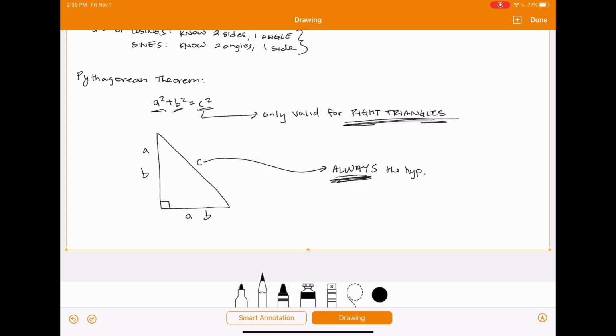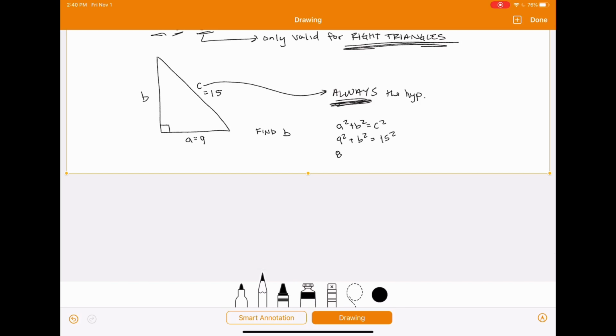So if we had this triangle here, where A equals 9 and C equals 15, and we want to find B, you can set up your equation a squared plus b squared equals c squared. So 9 squared, we don't know b, so we keep that as b squared, equals 15 squared.